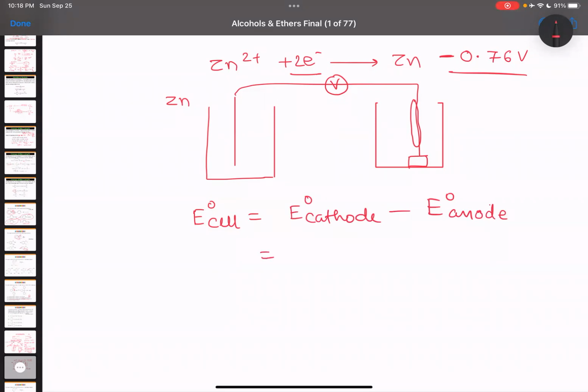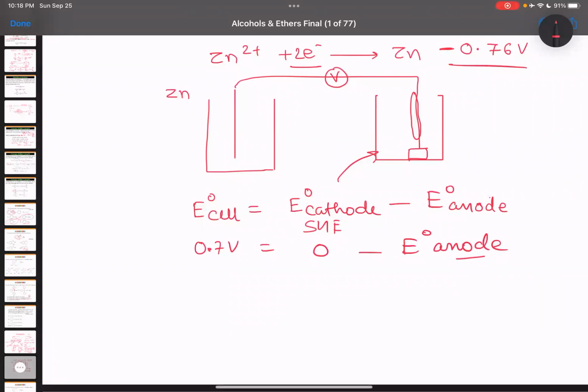So here the EMF is 0.76 volt that you measured for this cell, and E cathode is the standard hydrogen electrode, so it is assumed to be 0, minus E naught anode. So the E naught for Zn2+/Zn is going to be minus 0.76 volts. Is it clear?